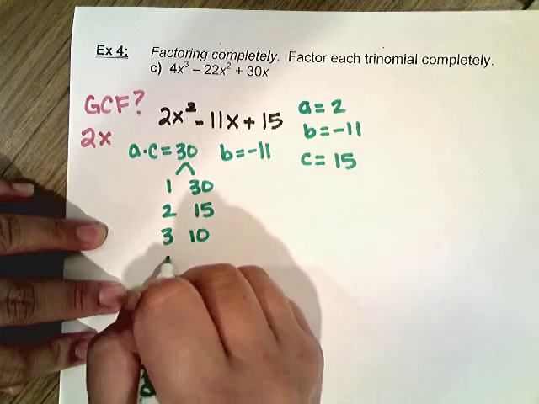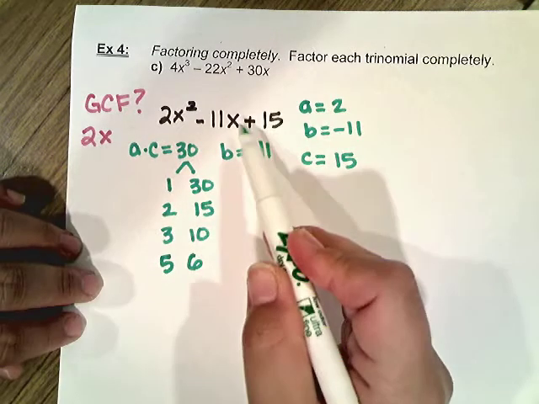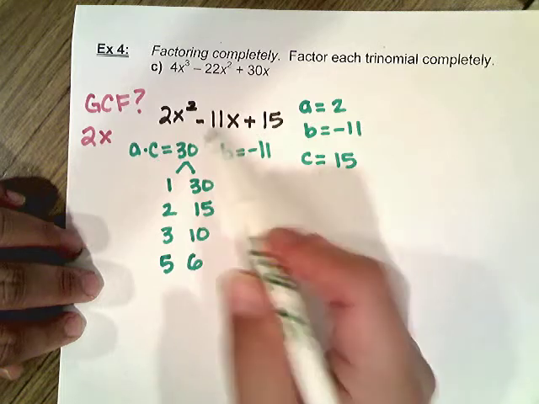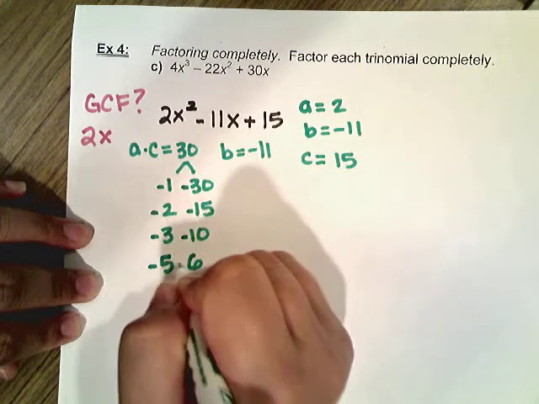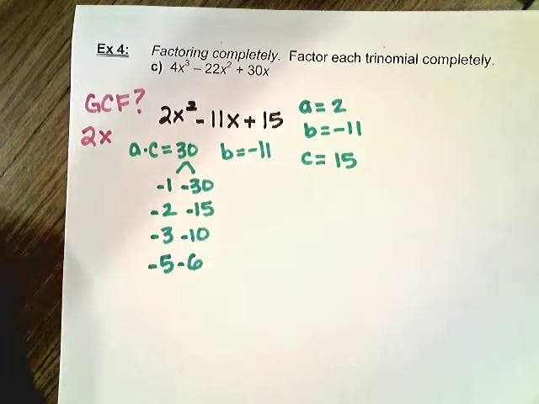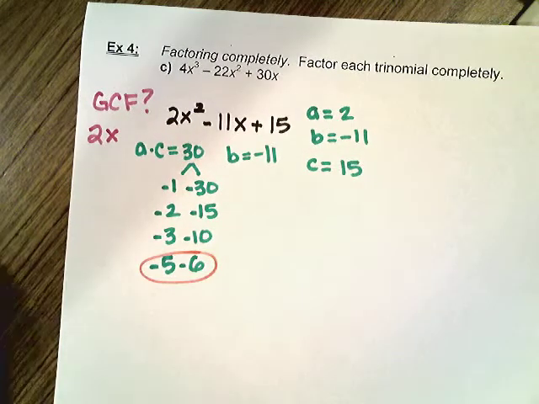I can't divide it by 4, but I can divide it by 5. So 5 and 6. Our signs are going to be the same, and both of them are going to be negative. And which one here is going to add up to become negative 11? That would be negative 5 and negative 6.